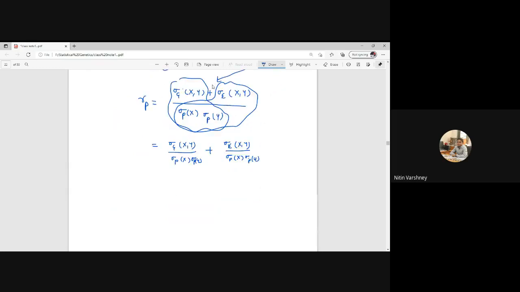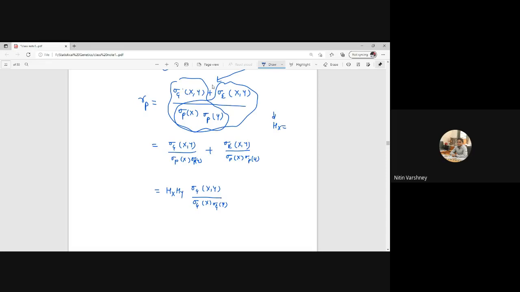So see, I can write it as hx hy sigma g x comma y upon sigma g x sigma g y. Can I write it this way? What is hx? This is heritability in broad sense.